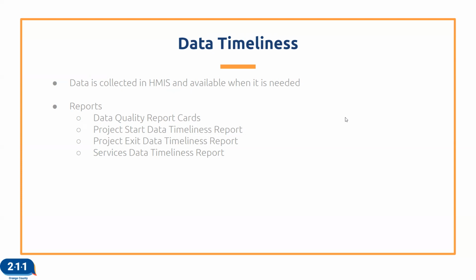To review data timeliness for your projects, you can look at the data quality report cards that we publish on a quarterly basis. We also have 3 data timeliness Looker reports that you can run to look at your data timeliness for project start data, project exit data, and service data.